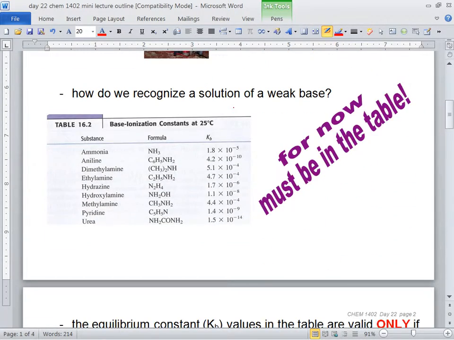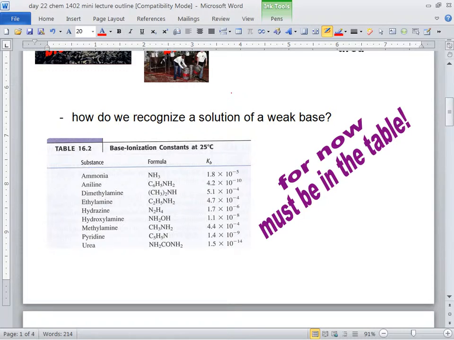Okay. So let's start out with, how do we recognize a solution of a weak base? What do you think?